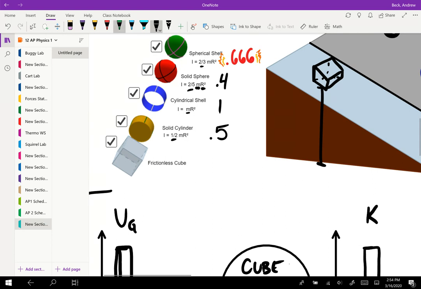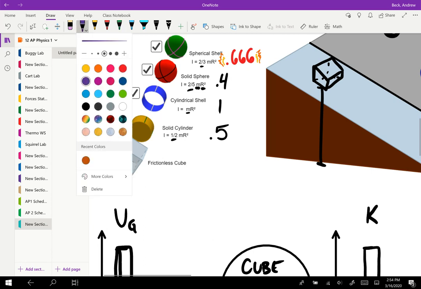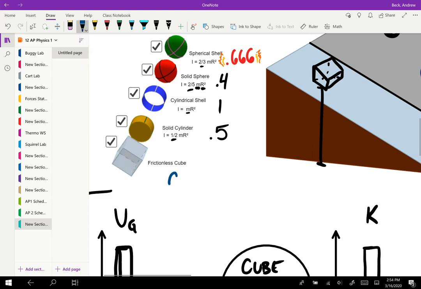So what I want to do quickly is just rank our moments of inertia from highest to lowest, just to help us think about it and visualize this. So we have the shell or the cylinder.